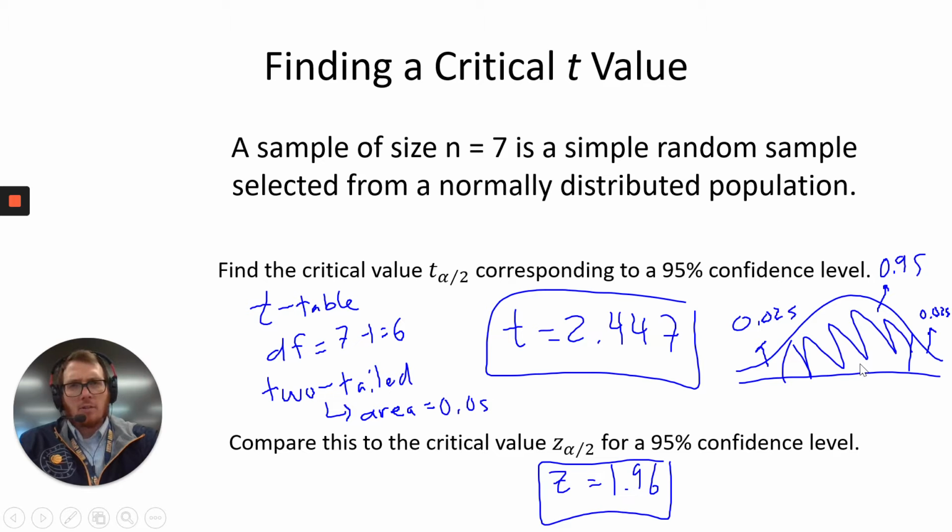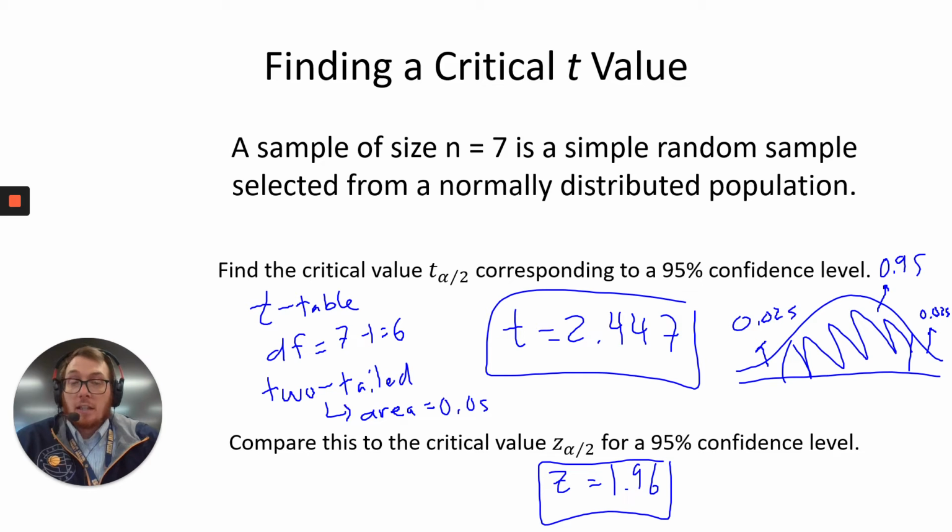So when we're looking at those situations, that's kind of what we want to find. So you've got this 95% in the middle, and then the leftovers on the two sides. When we're dealing with that situation, in the t-table you go to area in two tails, 0.05 with 6 degrees of freedom, and your t critical value would be 2.447.